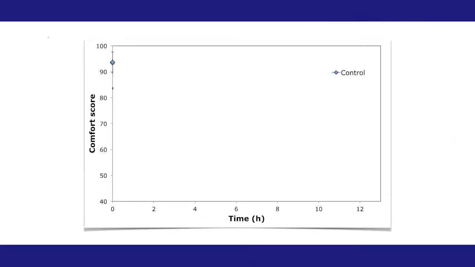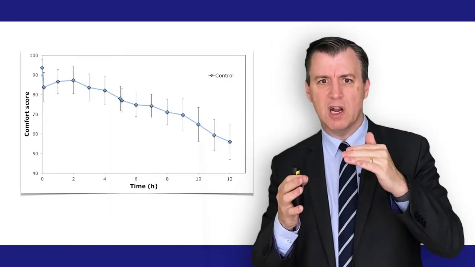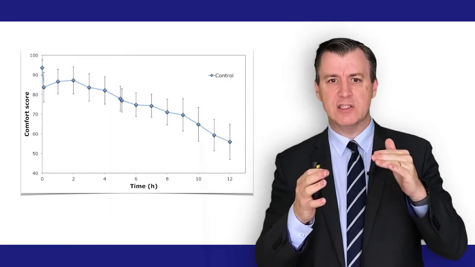So this was done over a 12-hour day, scores out of 100. On the day where nothing happened partway through the day, you can see that for the first few hours of contact lens use, scores remain relatively high. I should say that the first score given here is prior to contact lens application, and then the second score, at something like 80 units, is just after the lenses have gone in.